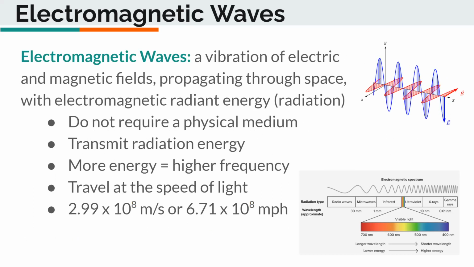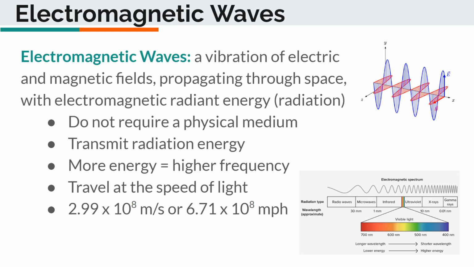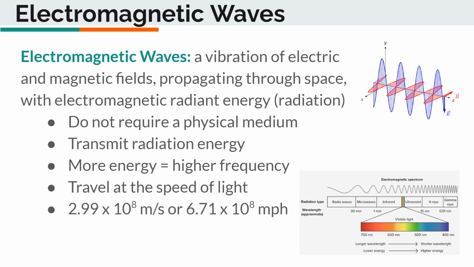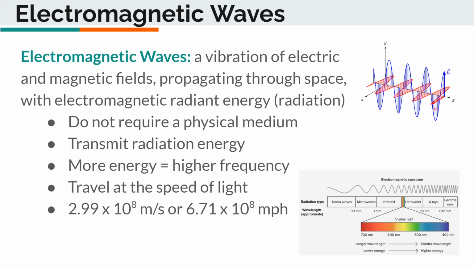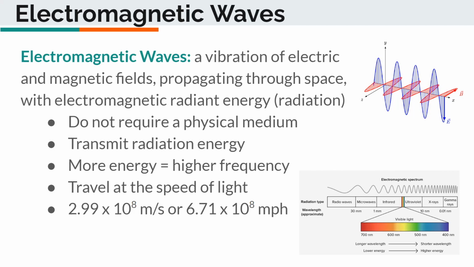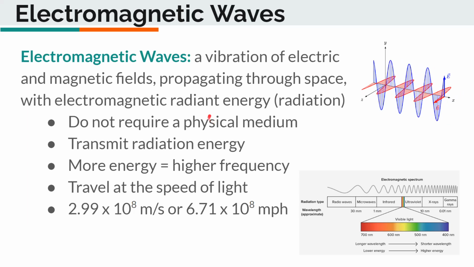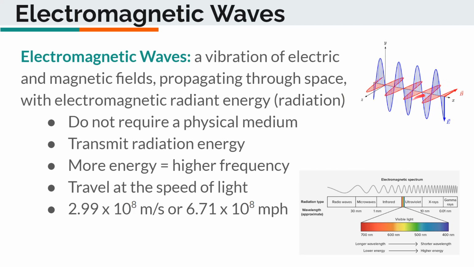So we're going to focus in a little bit more detail on each of these. Here are some notes about electromagnetic waves. These are vibrations of electric and magnetic fields propagating through space with electromagnetic or radiant energy or radiation. When I say electric and magnetic fields, that's what this is showing here. You can see oscillations of these fields.